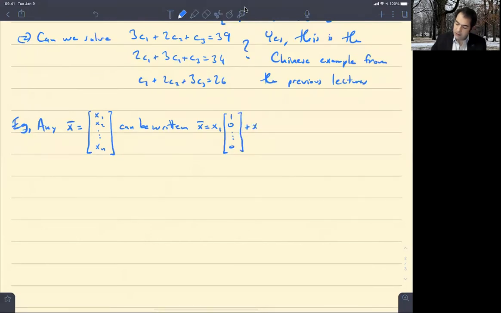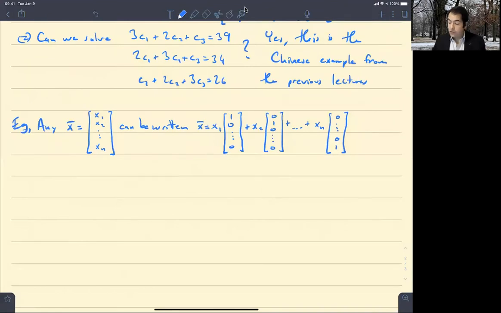And then add to that x2 times the vector 0, 1, 0, and then zeros, dot, dot, dot, until you add xn times the vector 0, dot, 0, 1. Right? So I can always just use these vectors that have zeros everywhere except for one spot, and that spot is a 1, and just multiply them by the coordinates, add them together, and I get the vector I started with.